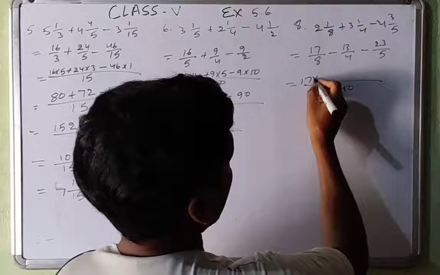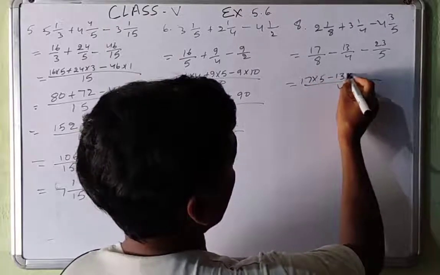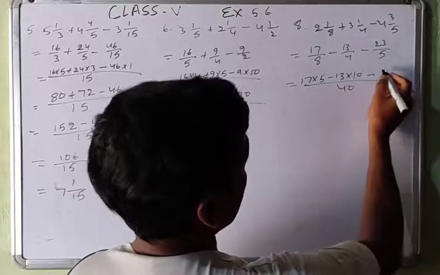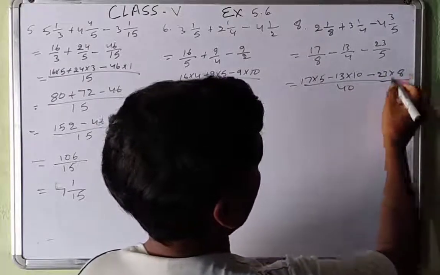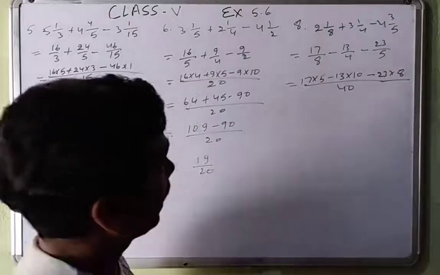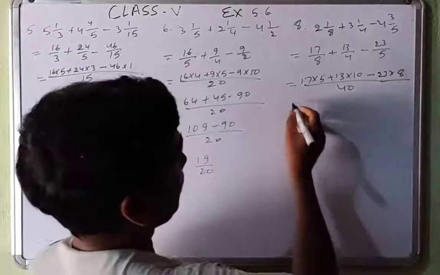So 17 into 8 5s are 40 minus 3 into 4 10s minus 23 into 5 8s are 40, and this is a plus, sorry, this is plus.